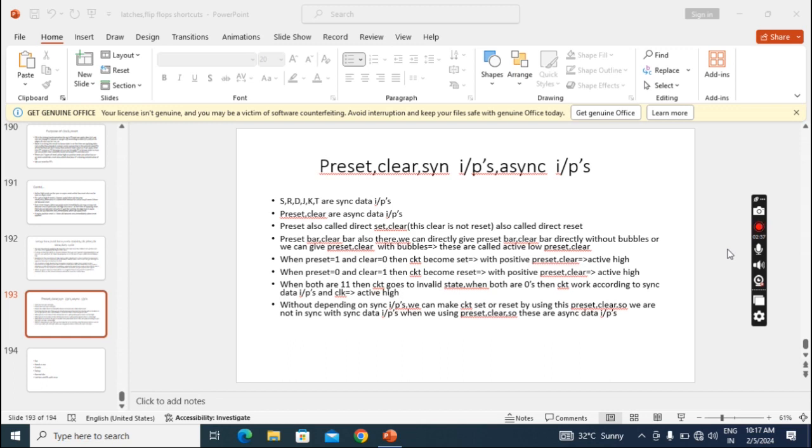That's why these preset and clear are called asynchronous data inputs. Okay, if we are making the circuit set and reset based on synchronous inputs and clock, then it will be synchronous data inputs.